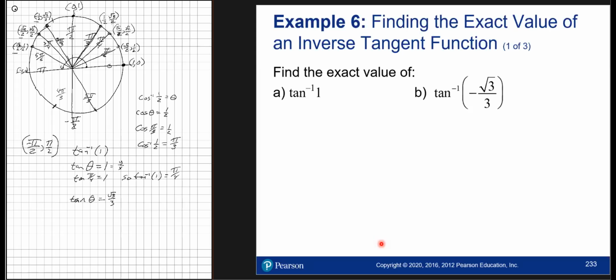Tangent is positive in the first quadrant and the third quadrant, but we're dealing with the fourth quadrant, and tangent is negative down here. So we're dealing with an angle that's going to be a negative angle.